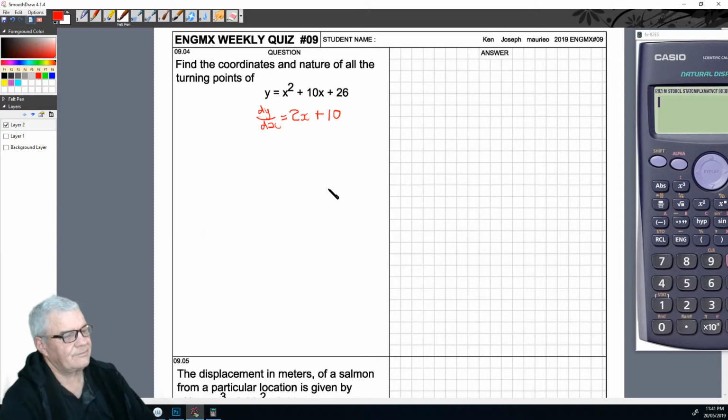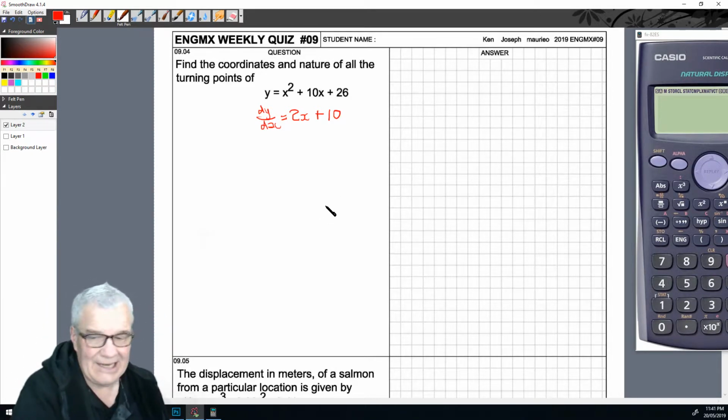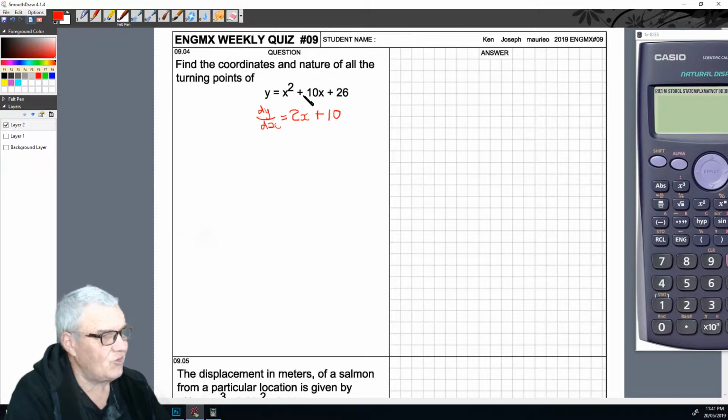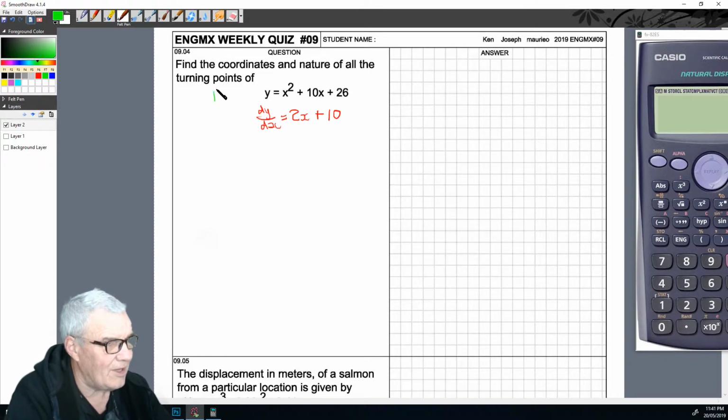Now, that's an x squared graph. So, well, you know, you haven't come 10 weeks into this maths course, you should know that that, of course, is a parabola.